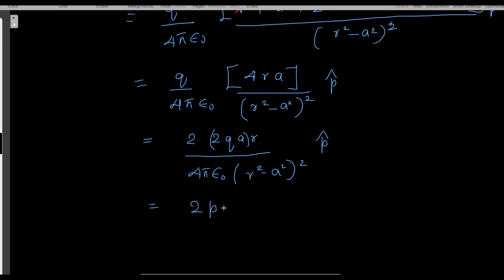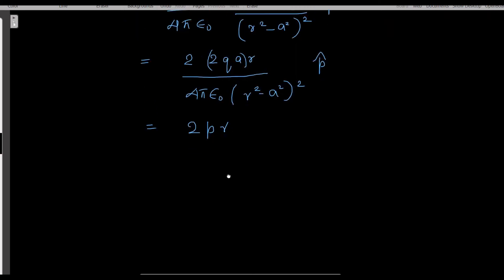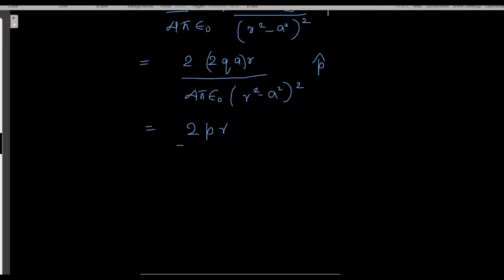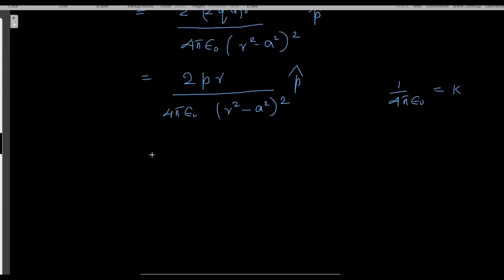So we write this as 2pR divided by 4 pi epsilon naught into (R square minus a square) whole square into unit vector P. Now wherever 1 by 4 pi epsilon naught comes, let us substitute it with the symbol K. Now we can write K into 2pR by (R square minus a square) whole square into unit vector P.